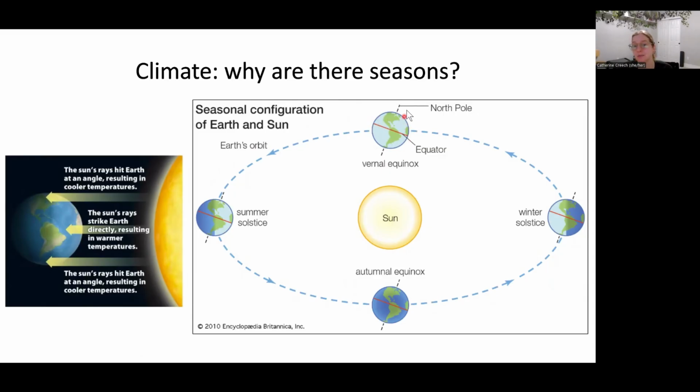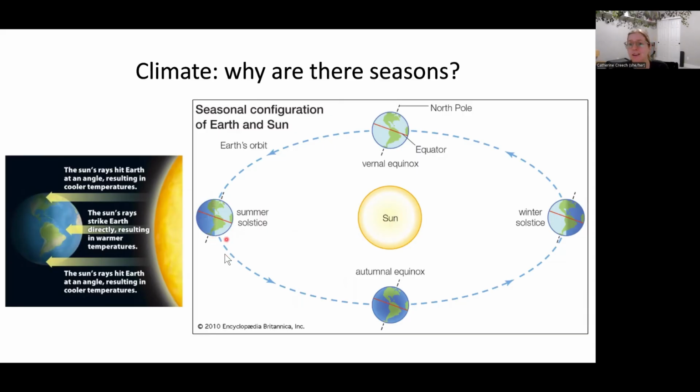And so at some points of the year during our orbit, the northern hemisphere is more pointed toward the sun than the southern hemisphere. So more of the southern hemisphere is pointing away. You can see this in this sun shadow line right here. If we divide our Earth from top to bottom here, more of the top half, the northern hemisphere, is in the light, and more of the southern hemisphere is in the dark.